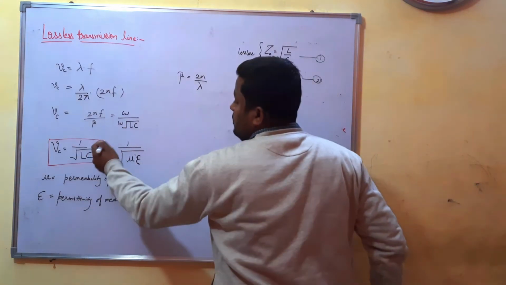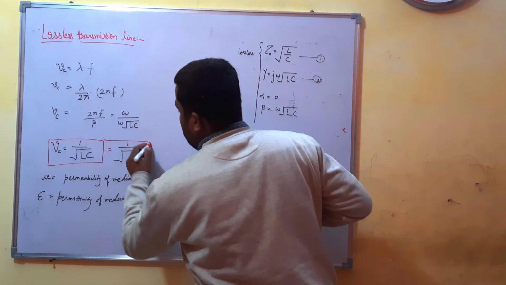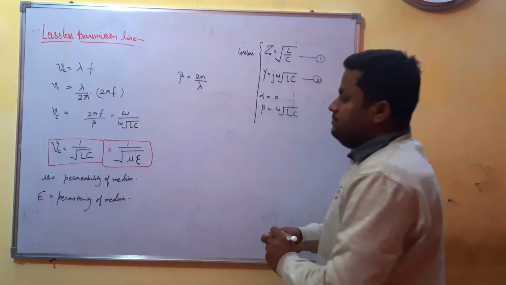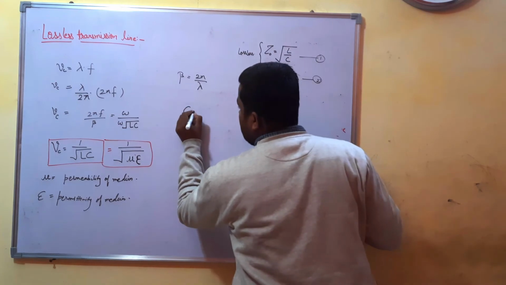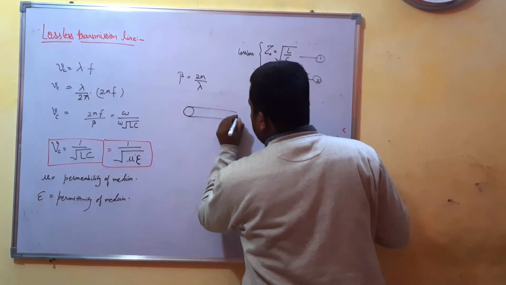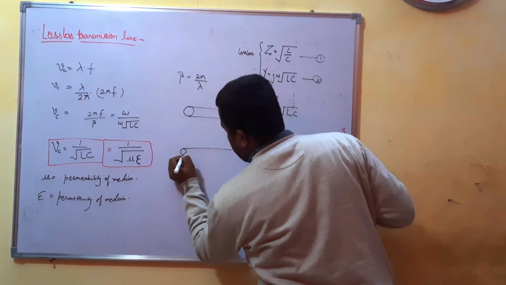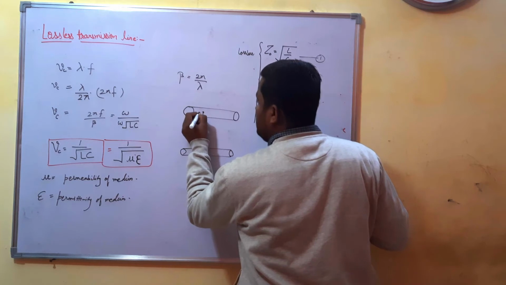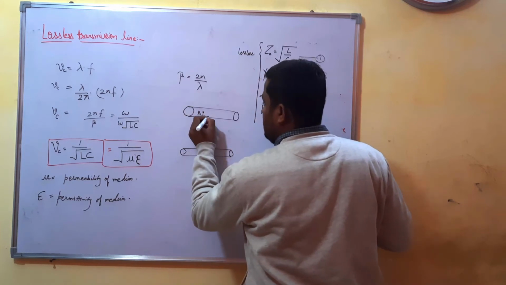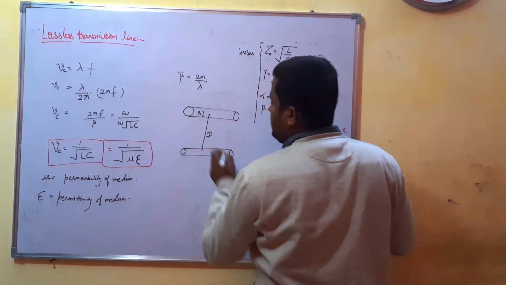Where does this equation come from? Let's consider a single phase transmission line. This is phase and neutral, this is the radius of the conductor, and this is the distance between the two conductors.